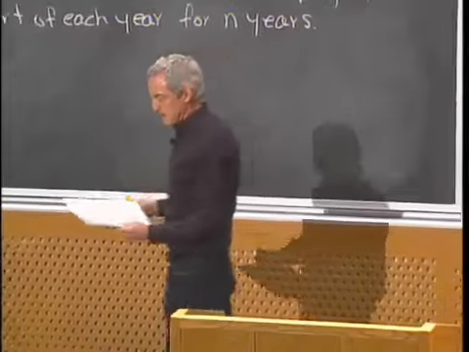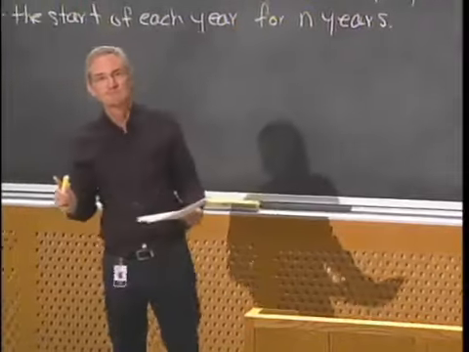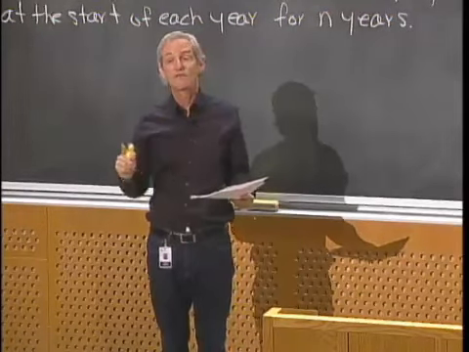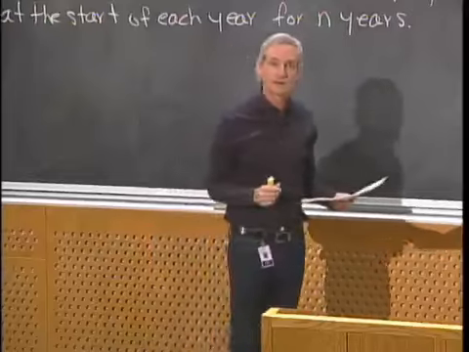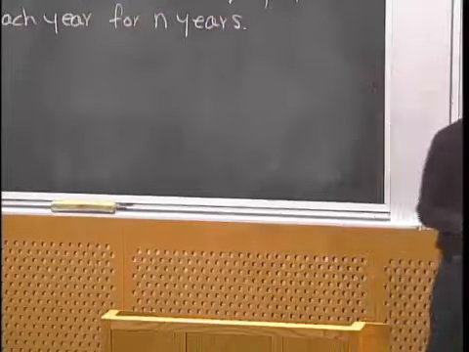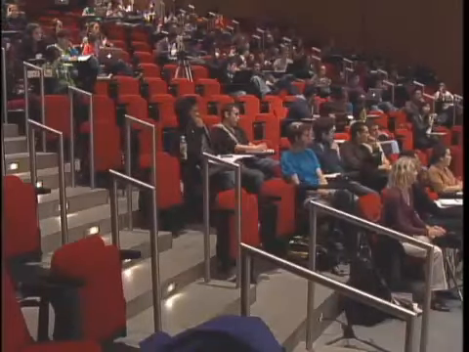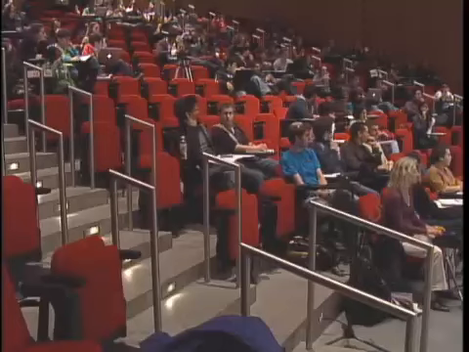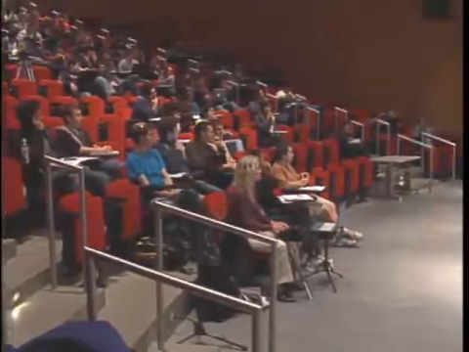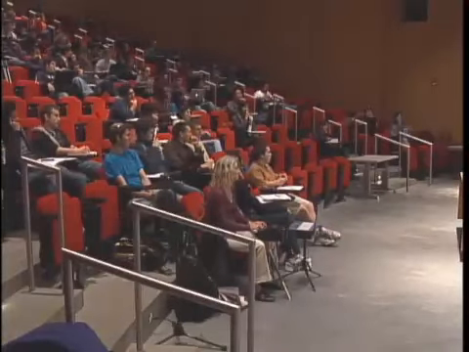So that was pretty clear, but what if I gave you this option? $700,000 today or $50,000 a year for 20 years. How many people want the cash up front? $700,000 only. A few. How many people want $50,000 a year for 20 years? All right, that's pretty close to halfway. How about $500,000 today versus $50,000 a year for 20 years?